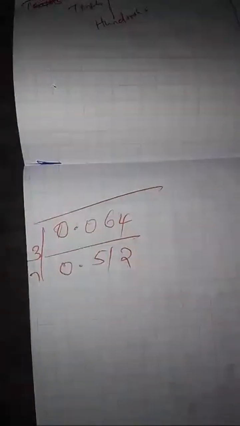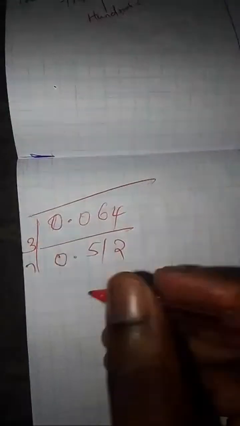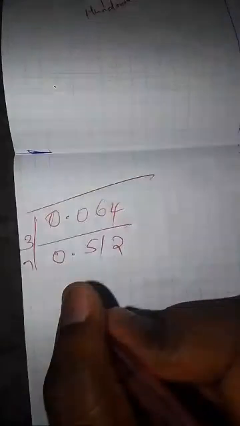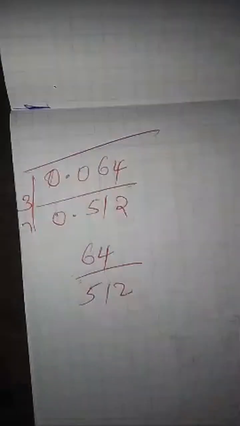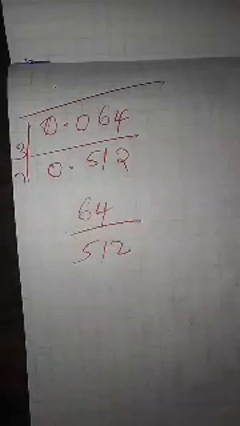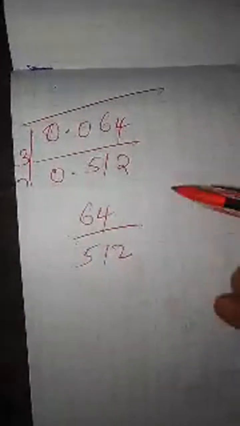And what is the cube root of 0.064? So the cube root shall be 64 over 512. I'm just about to explain that one in a bit. So why have I written 64 over 512?